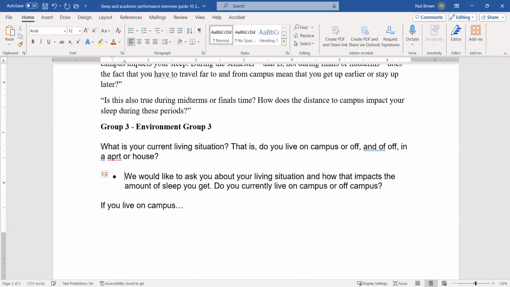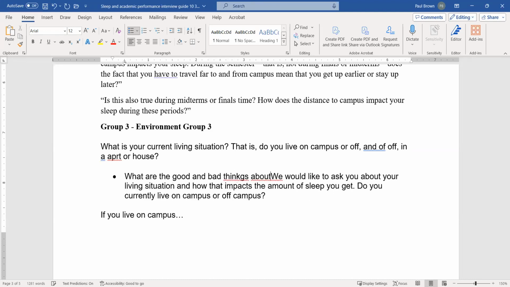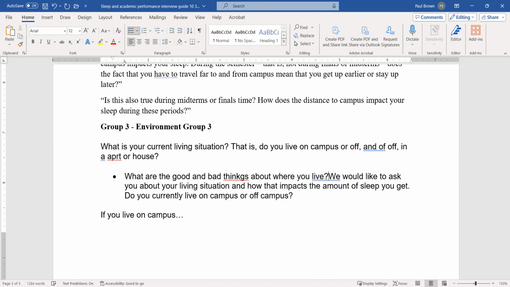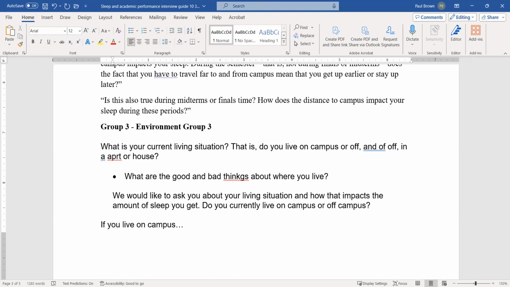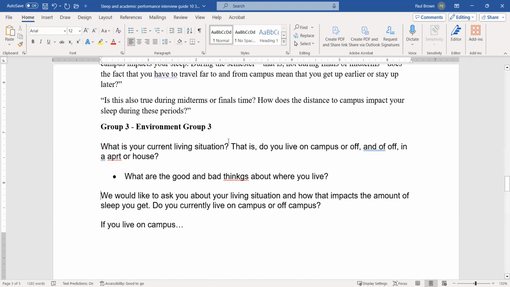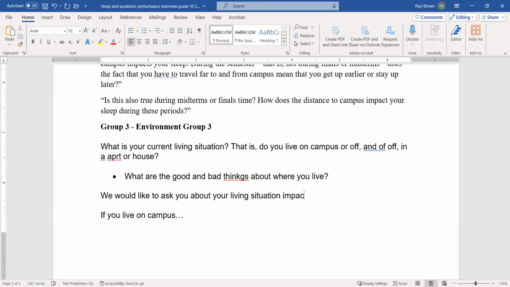And so then you might ask, what are the good and bad things about where you live. Okay. And then we'd like to ask you about how it impacts your sleep, right? About how your living situation impacts your sleep.